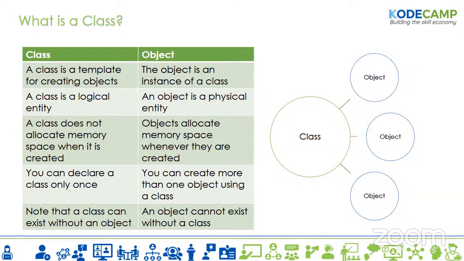Another is, a class is a logical entity. Okay, so a class is a logical entity. It is a conception. This is you now thinking of the setup. It's more logical in nature. What are the things that are needed? While an object, now you're looking at an object as a physical entity or an instance.